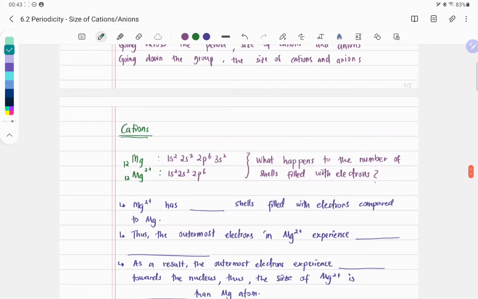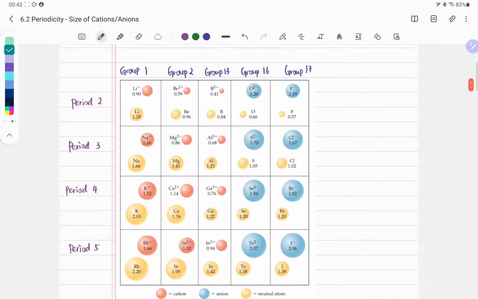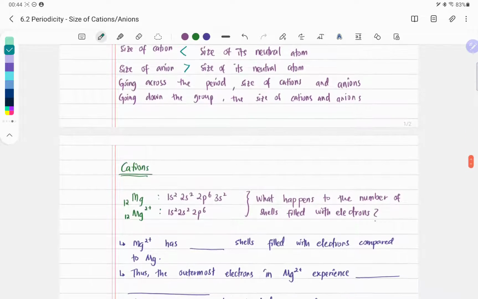Okay, so kita tengok dengan cation di sini. So kita ada magnesium. So magnesium, kalau kita tengok di sini, size of magnesium adalah lebih besar berbanding magnesium ion. Okay, magnesium punya electronic configuration 1s2, 2s2, 2p6, 3s2, manakala Mg2+, magnesium ion, it is 1s2, 2s2, 2p6.